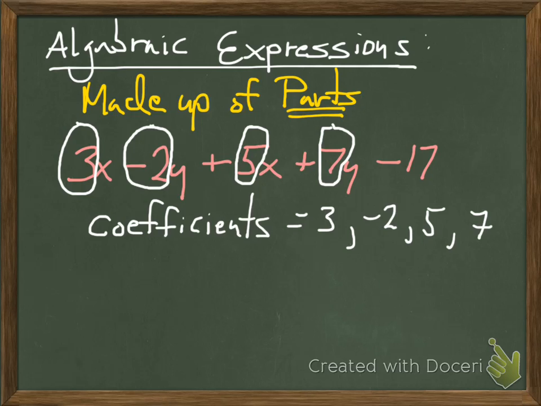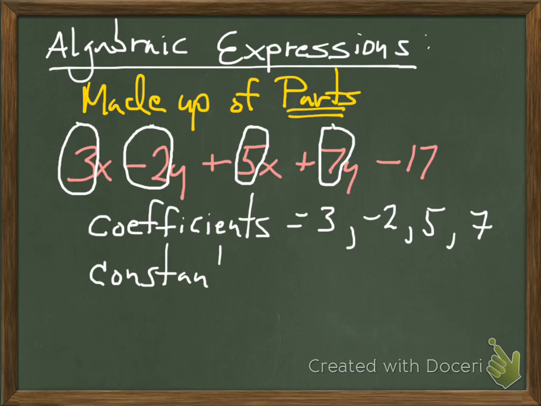And again, notice we don't include the variable itself, just the number that's with the variable, and we do include any negative signs. So 3, -2, 5, and 7 are all coefficients in this algebraic expression.